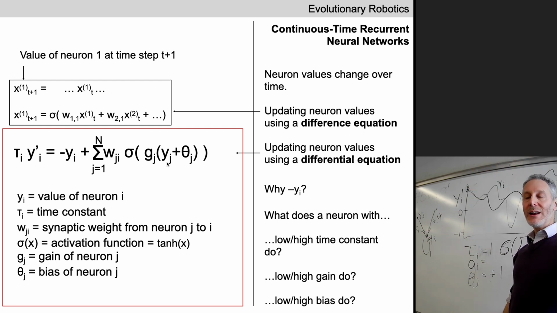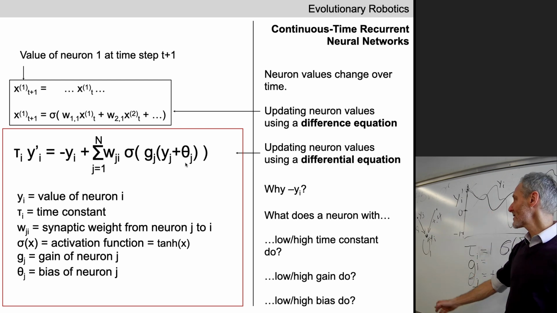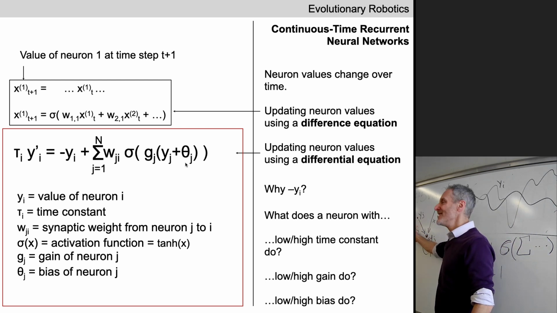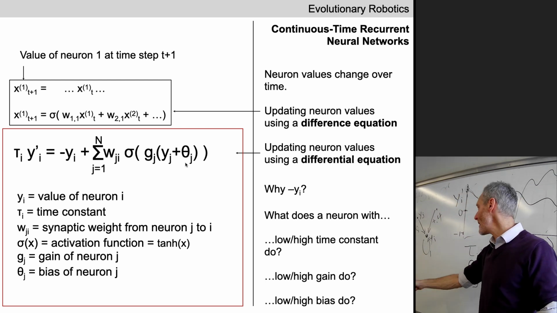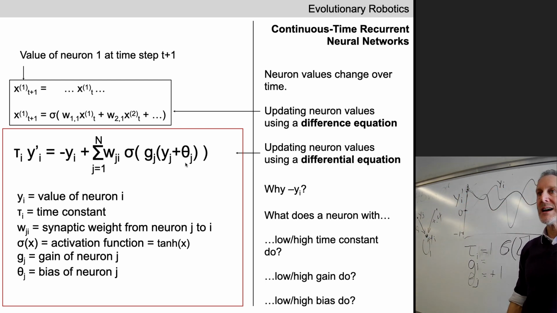If a given neuron, let's say neuron K, has a theta of -1 or -10 or -1,000, it's biased towards inhibition. It's tending to send out a negative number. It's trying to inhibit or suppress the neighbors that it's connected to.